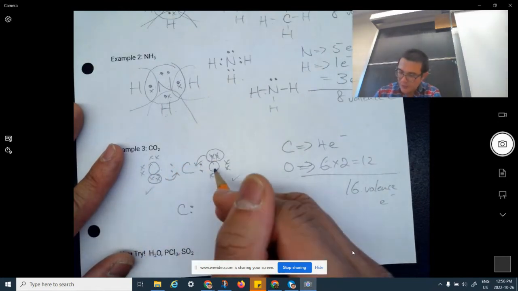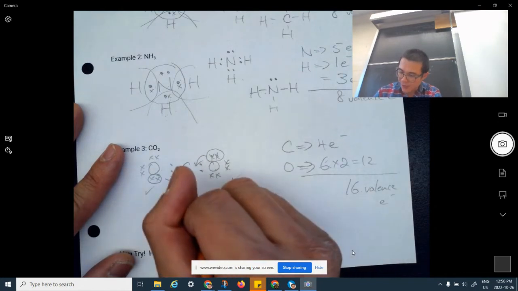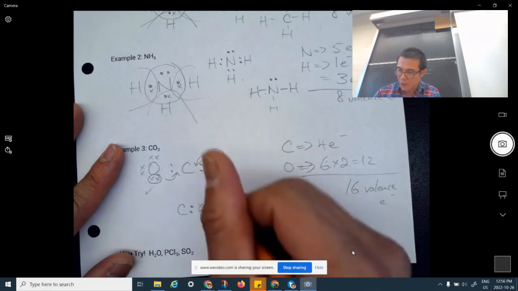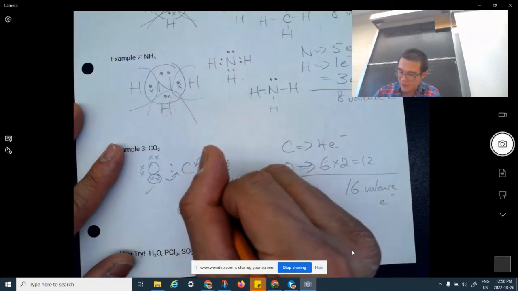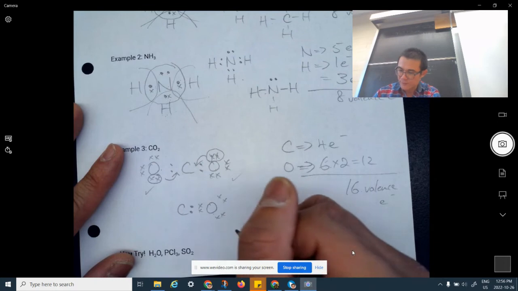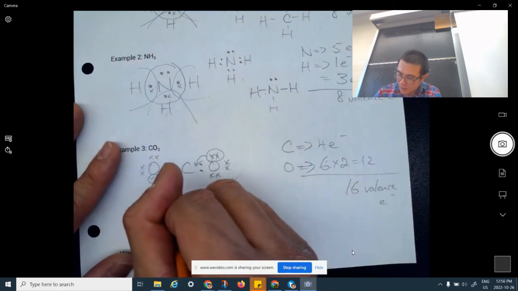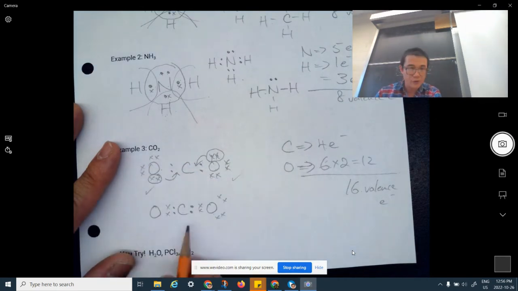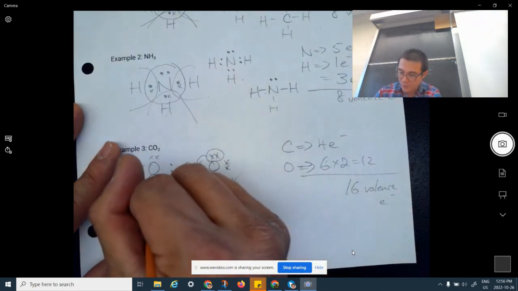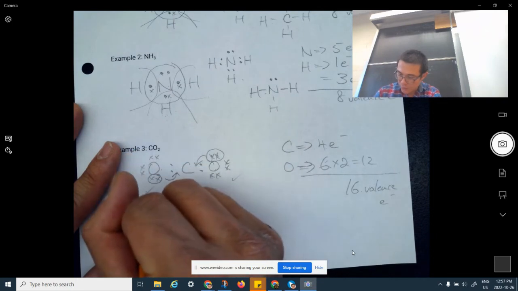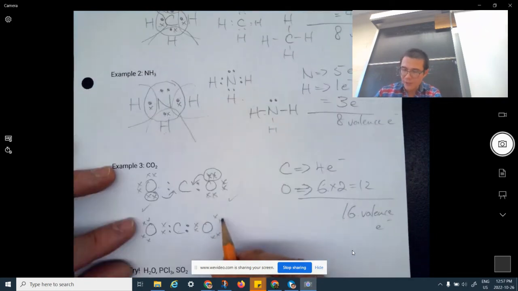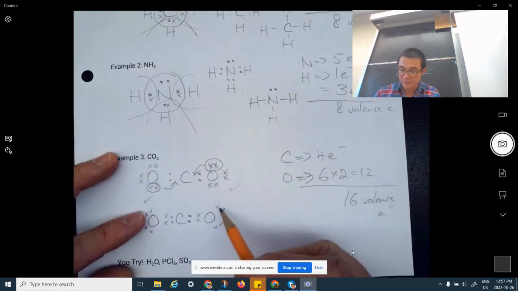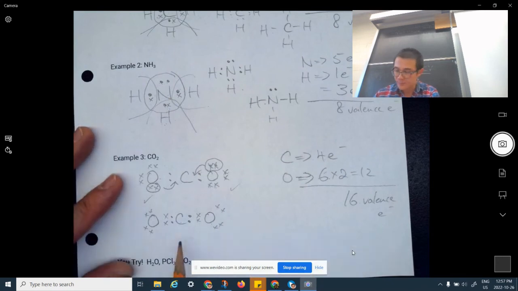Between this carbon and this oxygen, you have two pairs of electrons, and this oxygen will still have 1, 2, 3, 4. Here, between this other oxygen, also two pairs of electrons. 1, 2, 3, 4. The reason why I moved it is because electrons like to be as far away as possible from each other if they are not in between atoms.